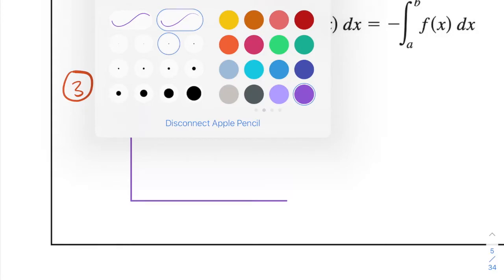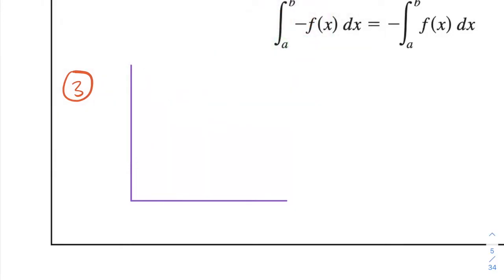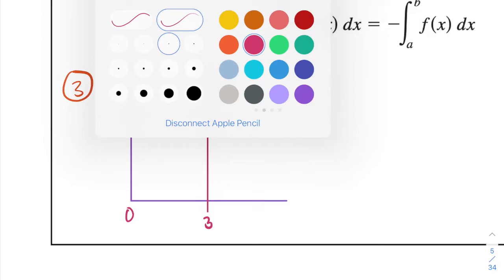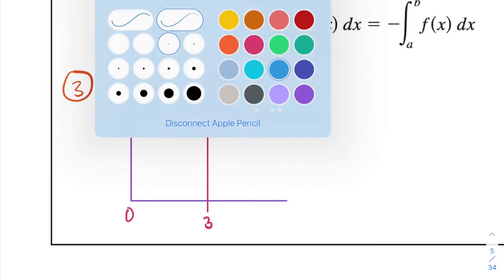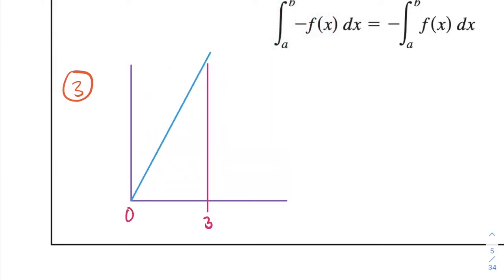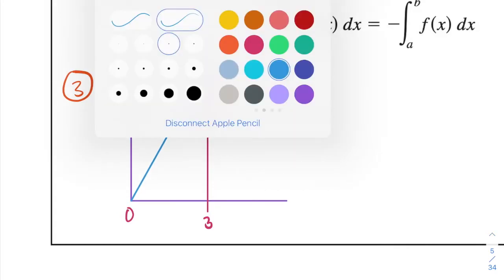So from 0 to 3, here's my 0. I'm also going to put 3 right here. So we have the equation y equals 2x. So it's going to go quite quickly. Let's say that this was 6 up here.